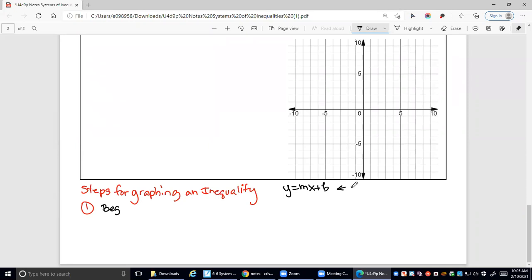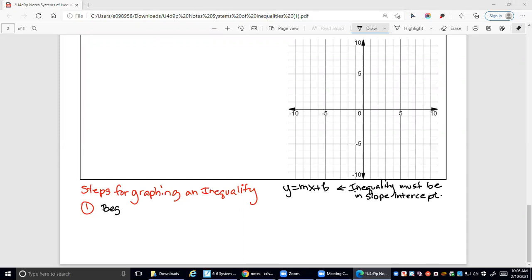The inequality must be in slope-intercept form. And so just think about it in terms of when we graph a regular equation, where do we begin? So I'm looking for your answers in the chat.